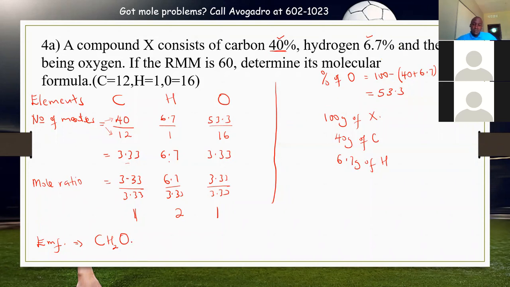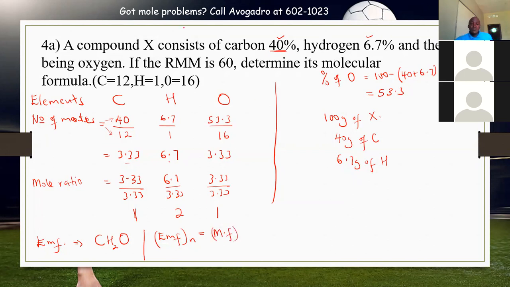This is the reduced form, the simplest ratio for each of the elements. But we know that if you have the empirical formula and multiply it by a certain non-zero, non-negative whole number, this will always give you the molecular formula.